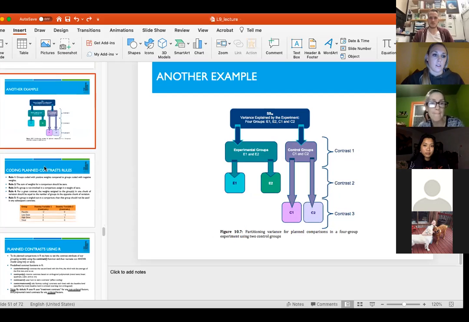But yeah, go ahead. So my question, if I'm understanding this correctly, is that contrast is just separating the variance of each into an experimental group and a control group, and then separating your experimental groups again into the specific groups?